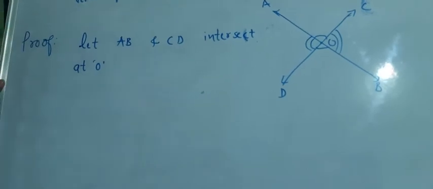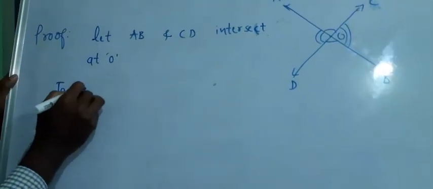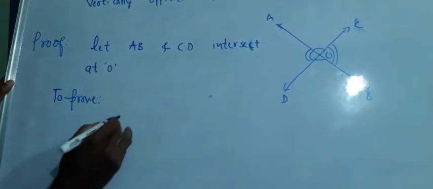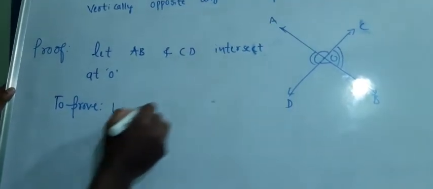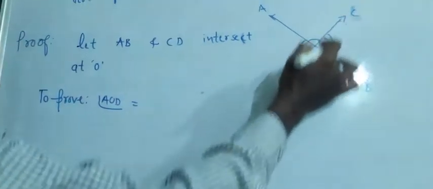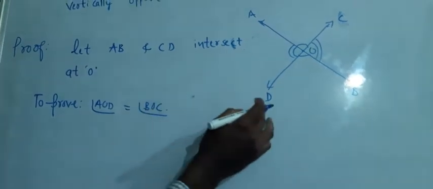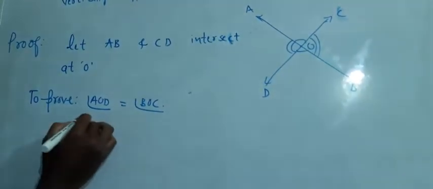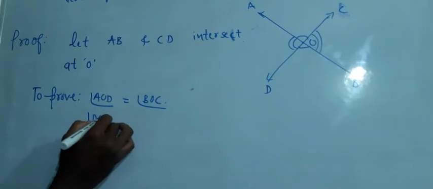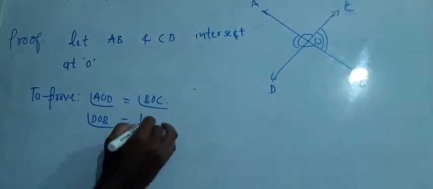Now I need to prove that angle AOD is equal to angle BOC because they are vertically opposite. Next, angle DOB is equal to angle AOC.